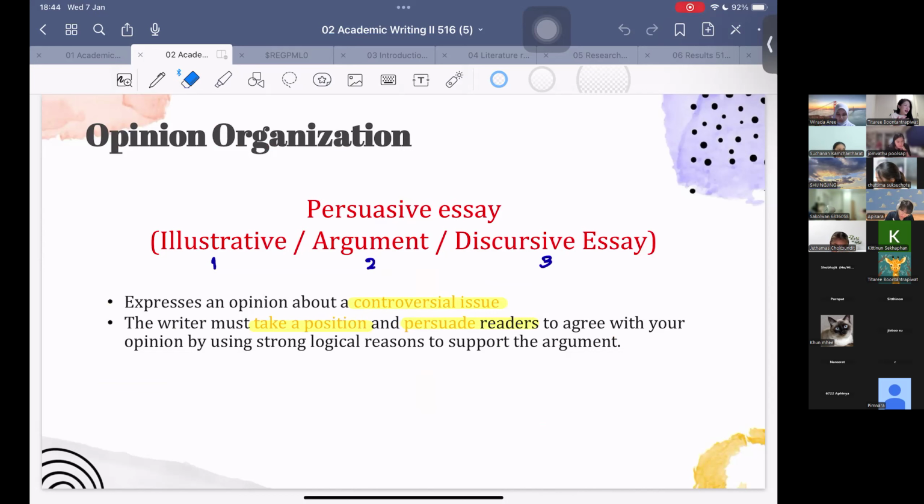Persuasive means that you try to make your audience believe in your stance, in your position, or motivate your audience to agree with you. That's why we call it persuasive.